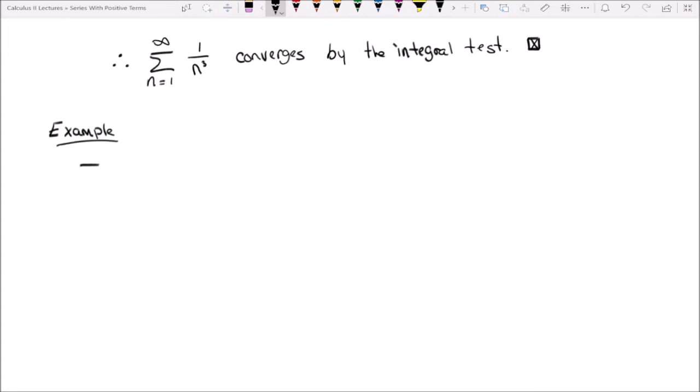We're now going to examine this series for convergence. So we say let f of x be 1 over the square root of 2x minus 1. This is clearly positive.